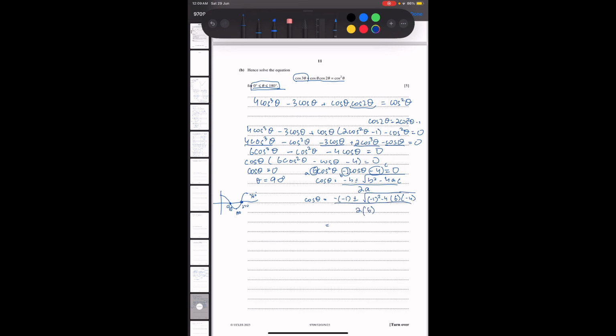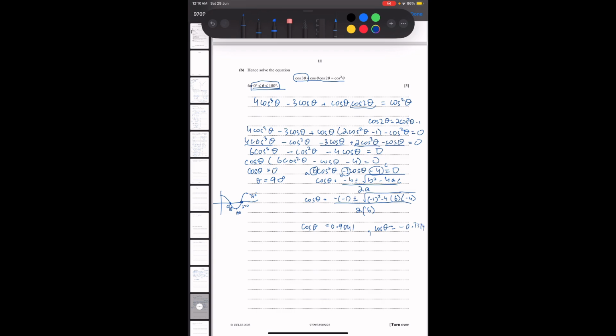So after just putting it in the calculator directly, I get one value of cos theta as 0.9041, correct to 4 decimal places, and the other value of cos theta is minus 0.7374, correct to 4 decimal places.